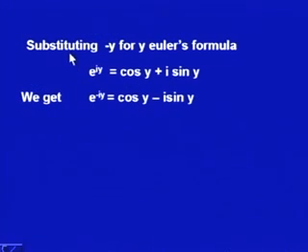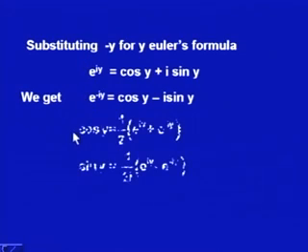Now, if in the same formula I substitute minus y for y, then from Euler's formula e^(iy) equal to cos y plus i sin y, this substitution gives me e^(-iy) equal to cos y minus i sin y. Adding these two equations, I get cos y equal to half of (e^(iy) plus e^(-iy)). That is how we relate the cosine function of a real variable. Similarly, if I subtract, then sin y is obtained as 1 upon 2i into (e^(iy) minus e^(-iy)).